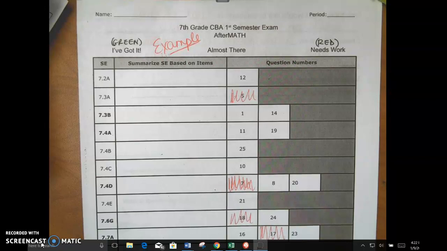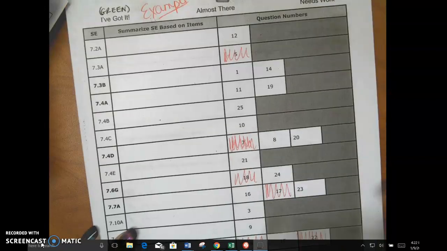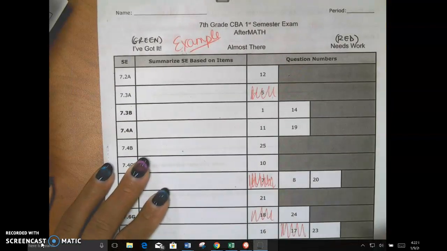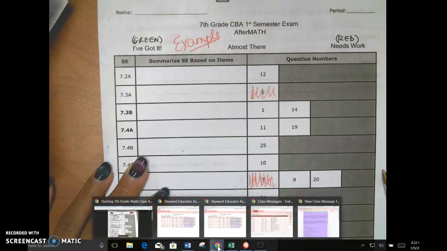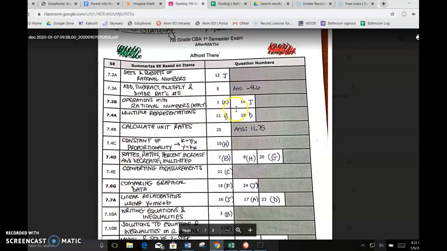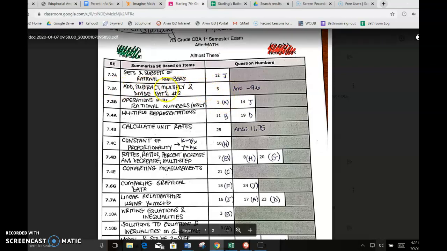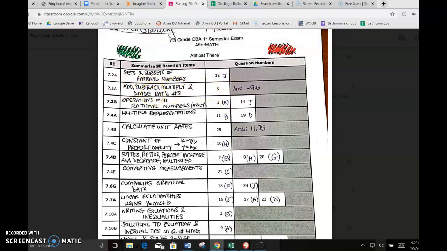So these questions here that I have gotten wrong, per se, this is just an example, are the things that I need to focus on. Now, if I look at my assignment here, this tells me that for question 5, I need to figure out or redo multiplying, adding, subtracting, and dividing rational numbers. For question 7, I need to practice a little bit more on percent.